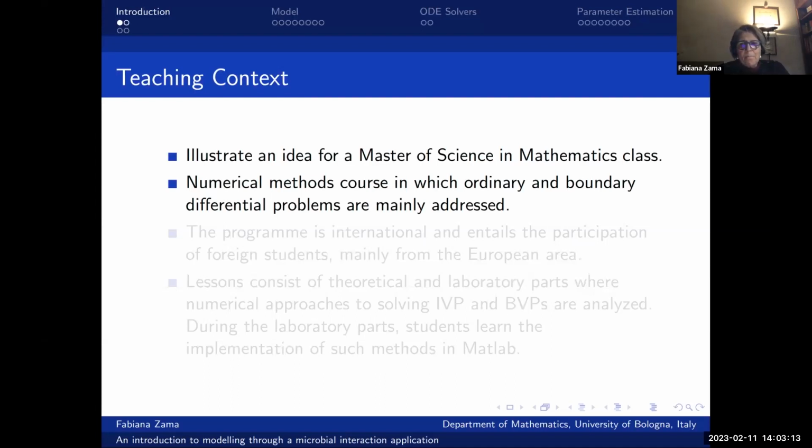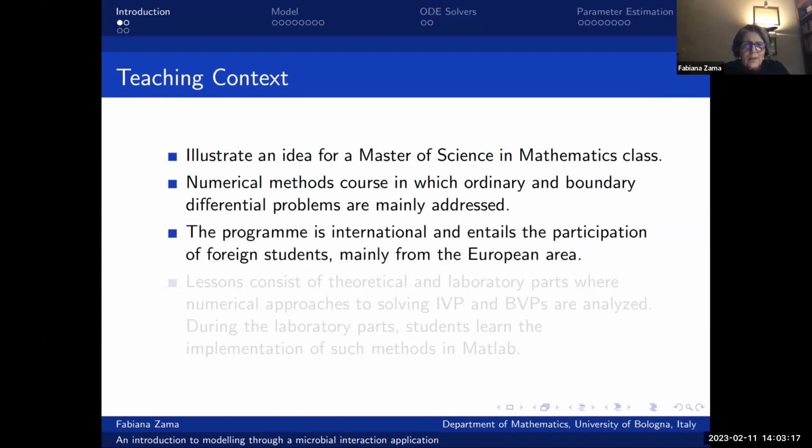I have to point out that the program where I teach is an international program. I have students from all over Europe, and they like to work in groups. The course is in English, and they interact with foreign students.